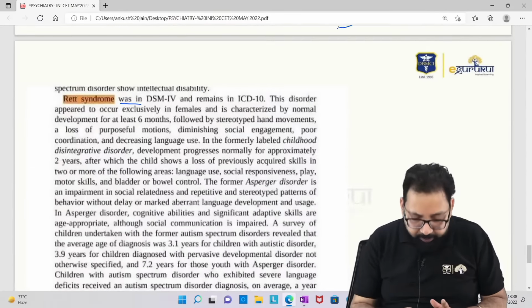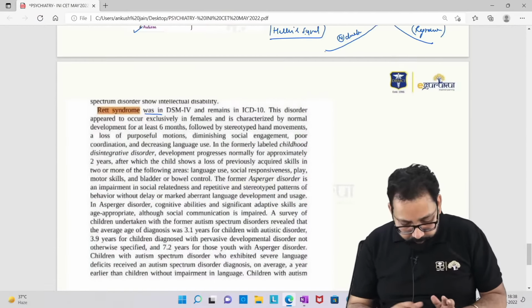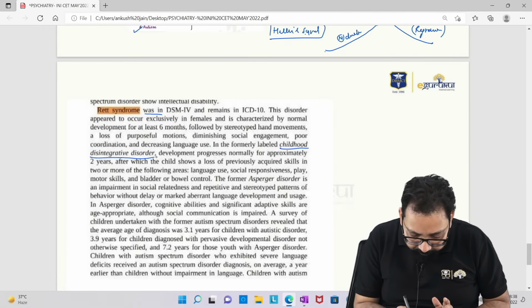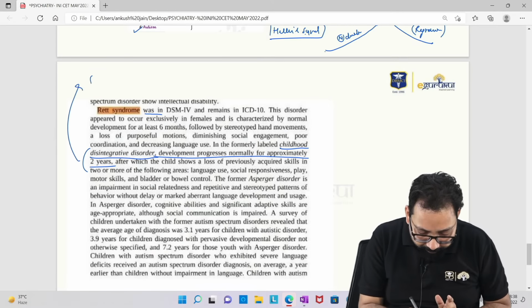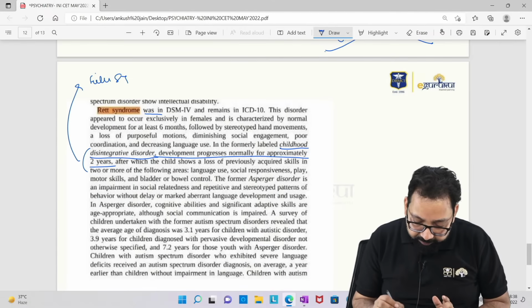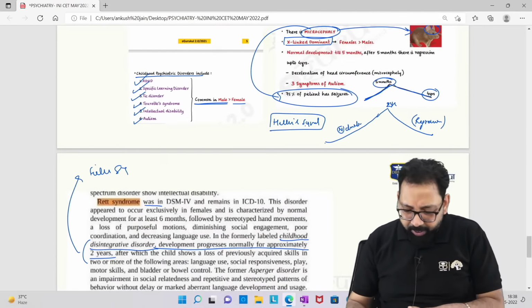I think I have taken the synopsis. Heller syndrome is just like childhood disintegrative disorder. This is another name of Heller disorder. Another name is childhood disintegrative disorder. Normal development up to 2 years, then regression.